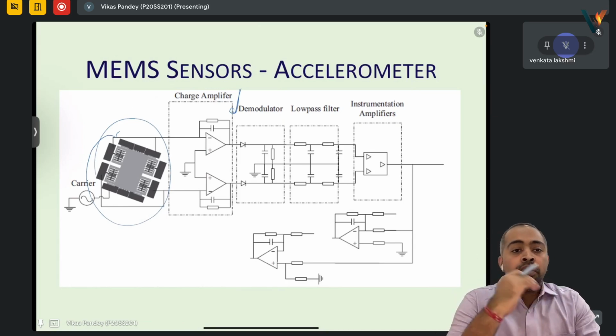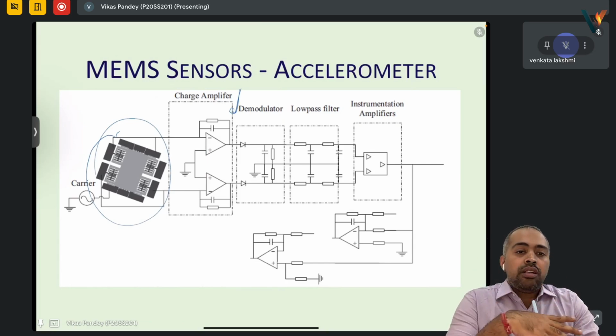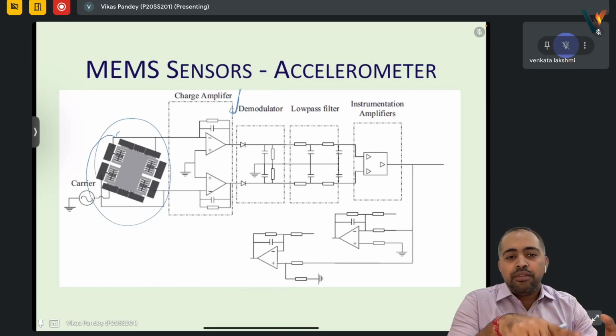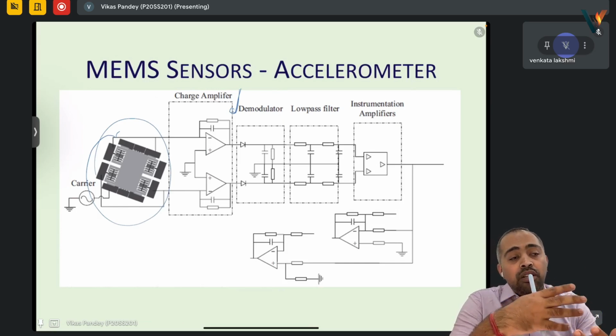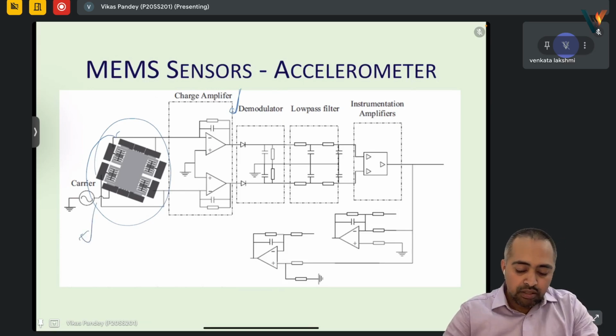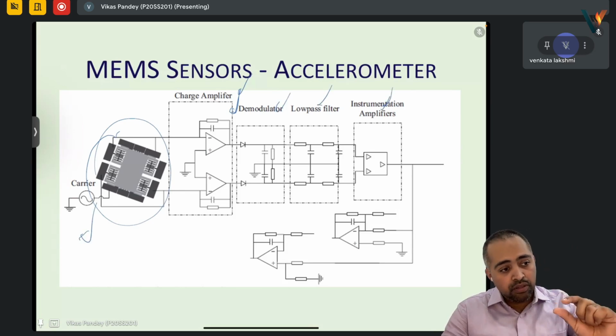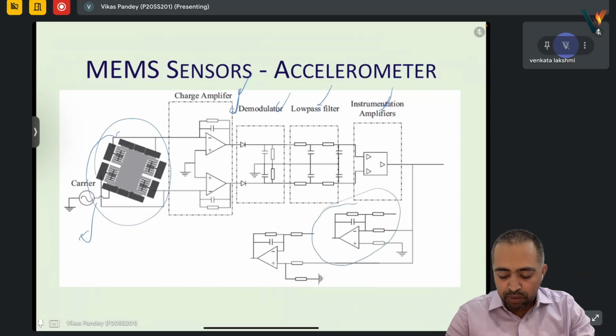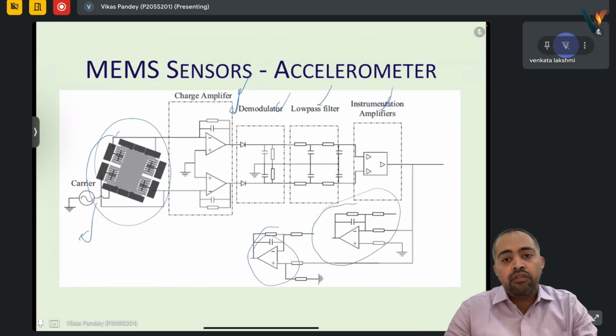When we are talking about change in resistance, the circuit was very simple, a voltage divider circuit. But when we want change in capacitance, we need a carrier signal, charge amplifier, demodulator, low pass filter, instrumentation amplifier to amplify the change in capacitance, then different op-amp based circuits, and then finally we get the output.